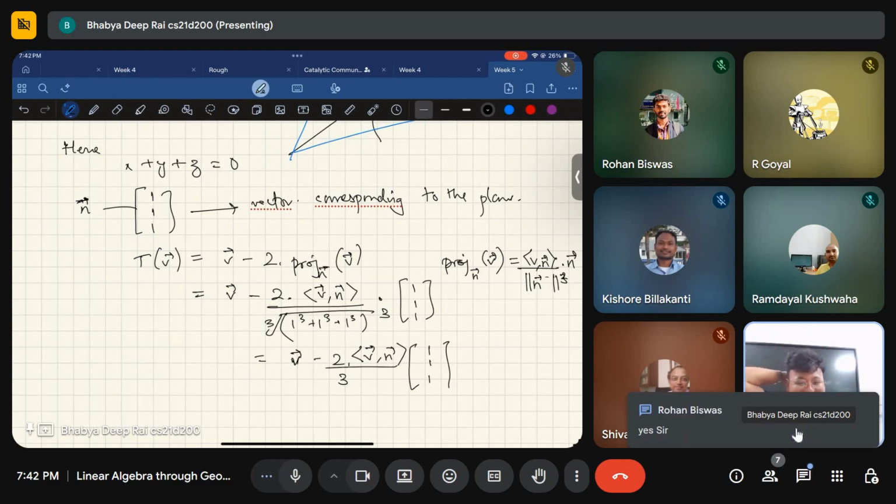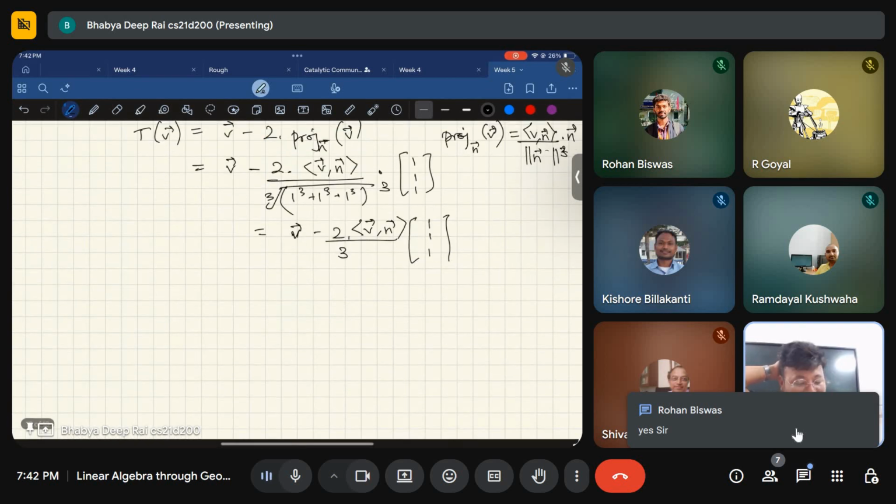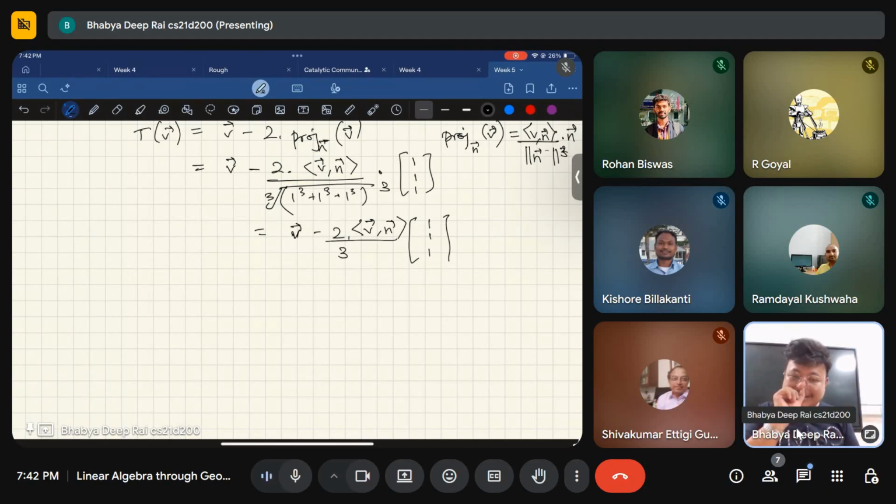Good. Now the expression seems a bit complicated, but the nice thing about it is that I have not fixed a vector yet, unlike the previous lecture where there was a fixed vector. Now this equation is very general.